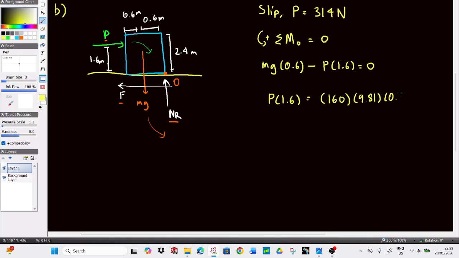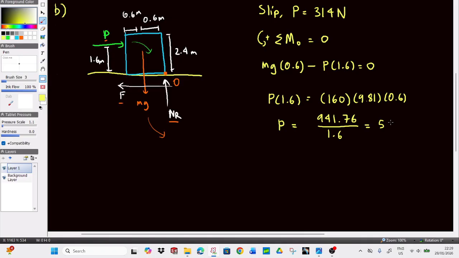So P is 160 times 9.81 times 0.6, which is 941.76, divided by 1.6.